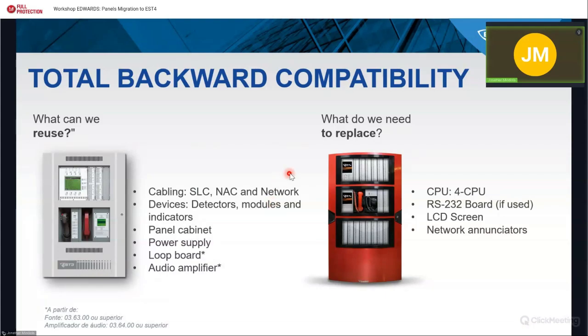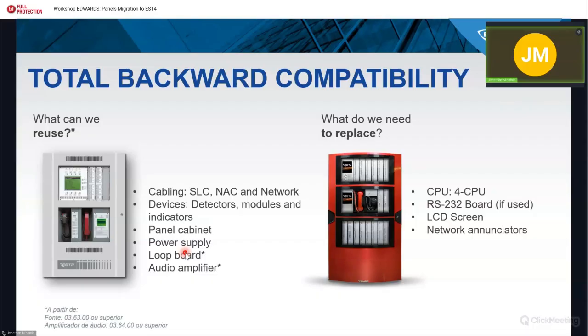So, in conclusion, the first scenario, EST3 without audio evacuation and without fire telephone, you only have to change the CPU and the LCD touch screen, and maybe a few cards. I don't know, maybe the loop card or another card. You must check the version of the firmware.